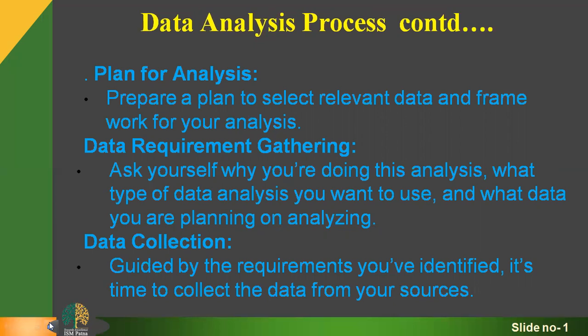Once you are ready for data analysis, having a large data source and a very huge data set, the first thing you have to prepare is a proper plan for why you want to do this analysis, and you also draw a framework for your analysis.